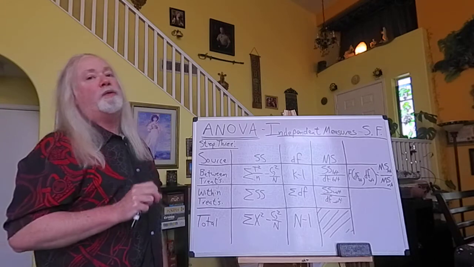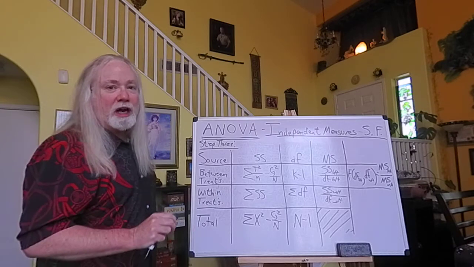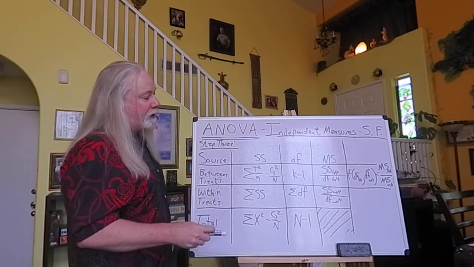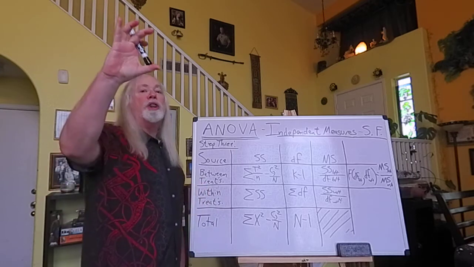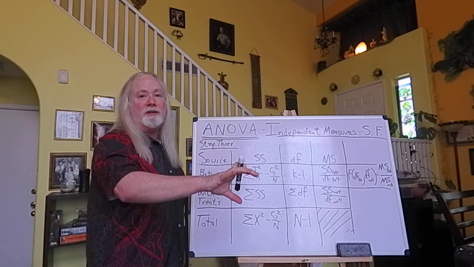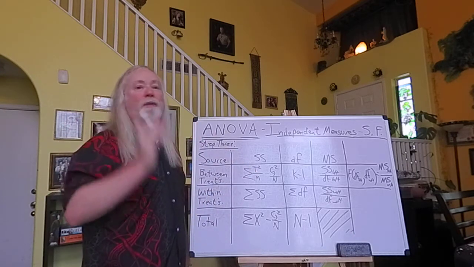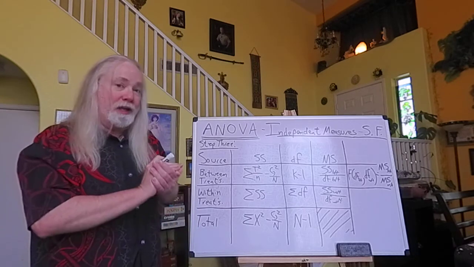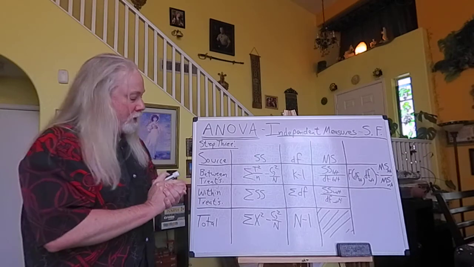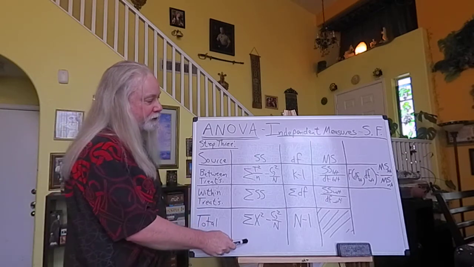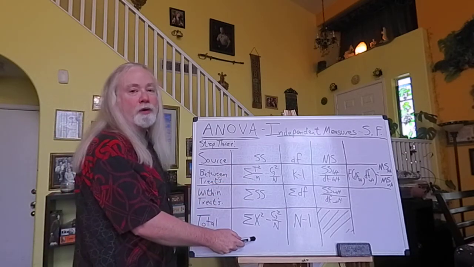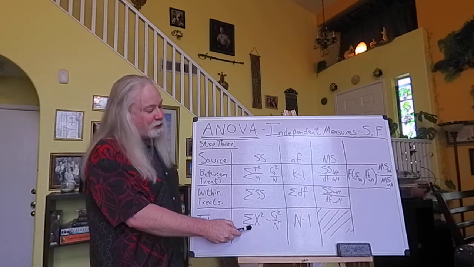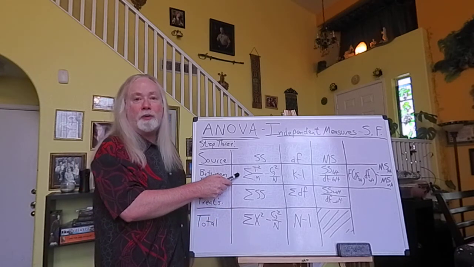Now, here's one of the beautiful things about these results tables. If we take a whole thing and divide it into 2 pieces, if I take a whole apple and I cut it randomly into 2 parts, when I put those 2 parts back together, it should equal 1 whole apple again, right? Well, this is for the total study, the sums of squares for the total study, which we're then cutting into 2 parts, this one and this one.